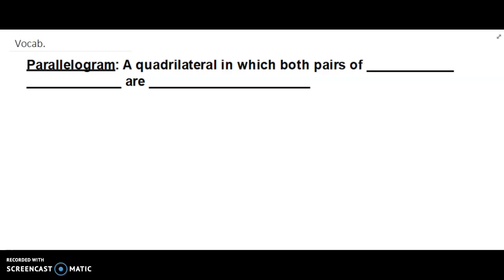So before we get into those properties, let's first define what a parallelogram is. A parallelogram is a quadrilateral, so meaning it has four sides, in which both pairs of opposite sides are parallel.